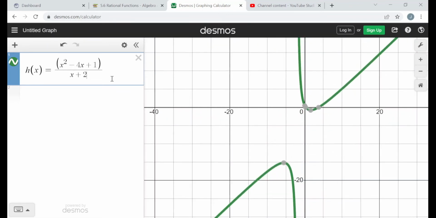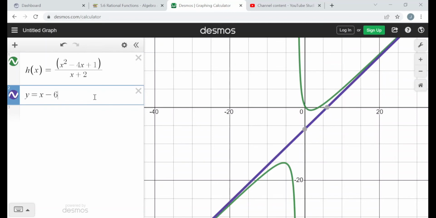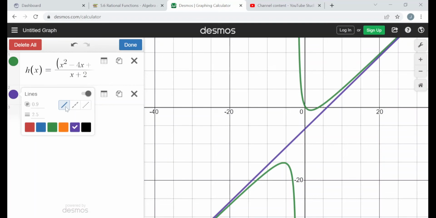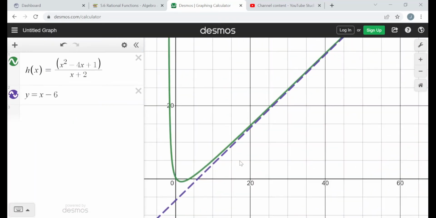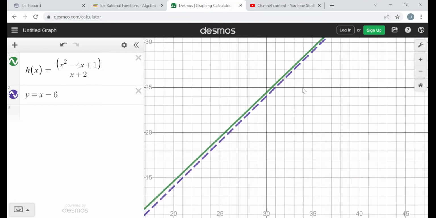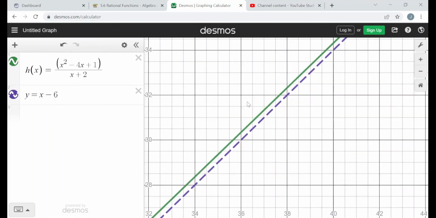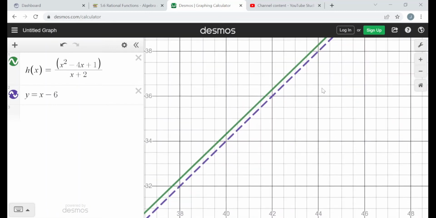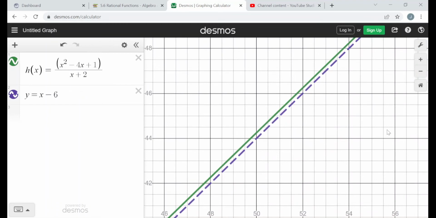Well, let me put in the graph of y equals the quotient, y equals x minus 6, and I'll make that a dashed line. And you can see as you move to the right, the graph is approaching this dashed line. It's not actually touching it, it's always a little off, but it is approaching that purple dotted line.